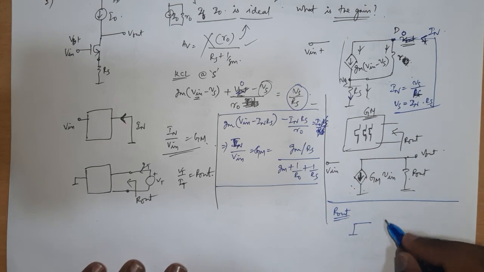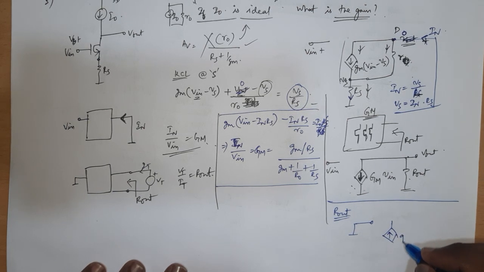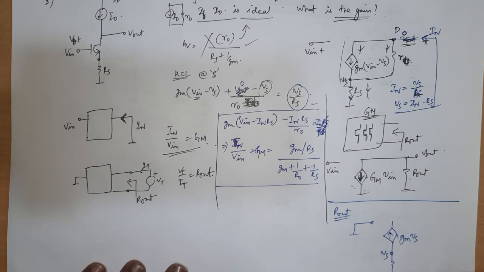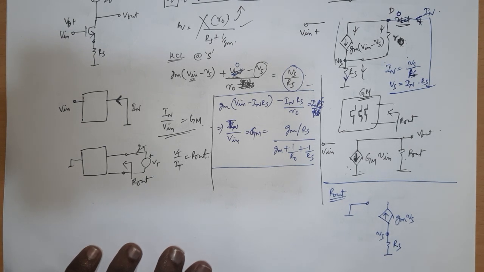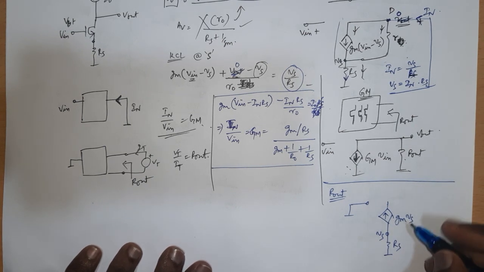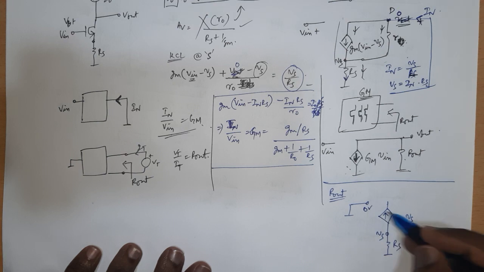First of all, my input should be grounded, and this will become a current source in this direction of Gm times Vs, where this is my Vs, and I have a resistor of value Rs. Why did I put it like this? Because Gm times Vin minus Vs, and Vin is anyway 0 volt and Vs is negative, so I reverse the direction so that it becomes positive.